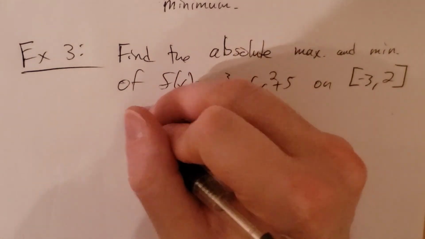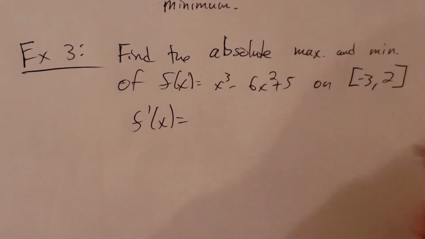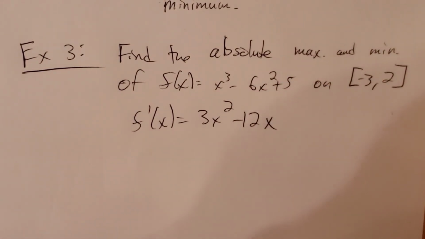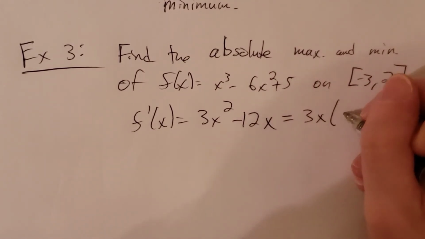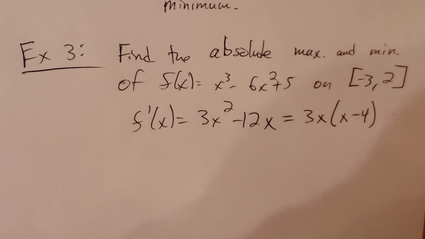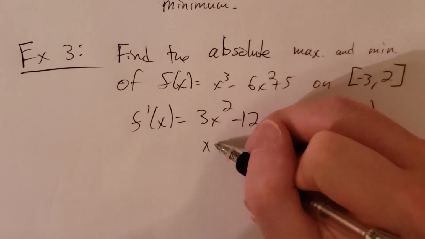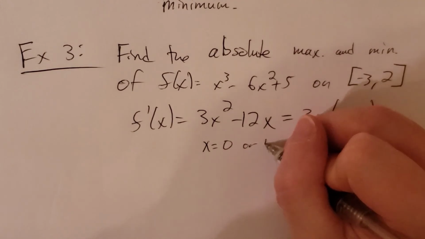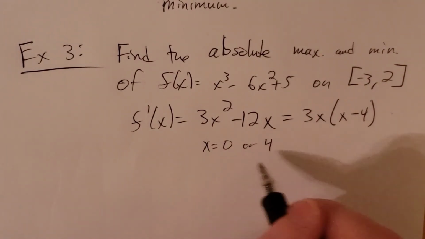All right, let's find where this derivative is 0 then. First, f prime of x is equal to 3x squared minus 12x. We can factor a 3x out of this and get x minus 4. So this tells us that x is equal to 0 or x is equal to positive 4.